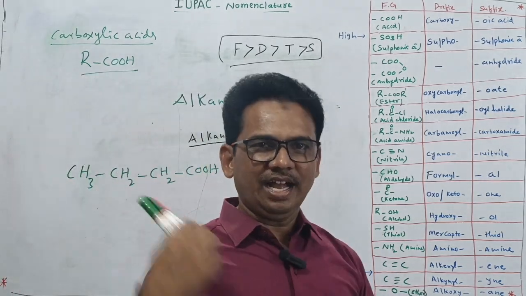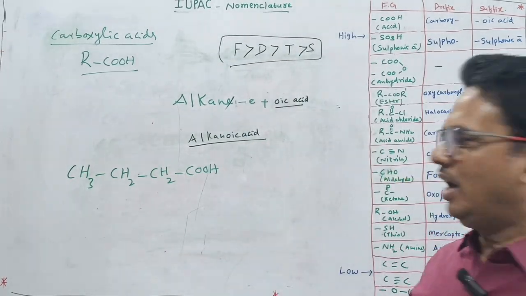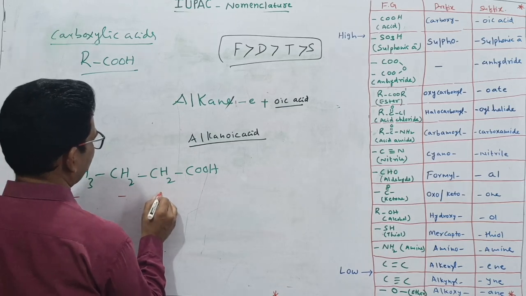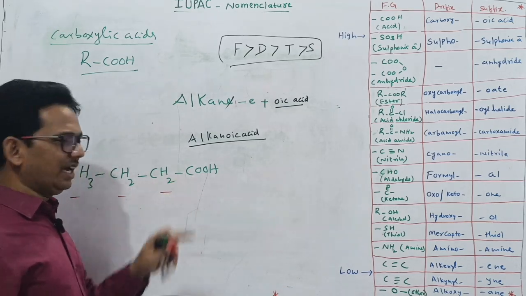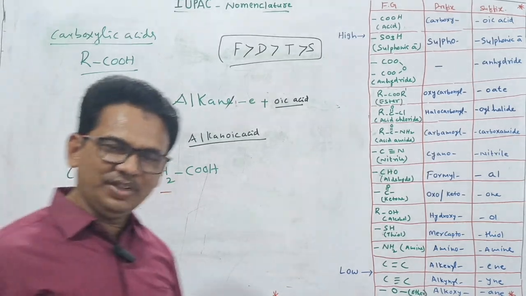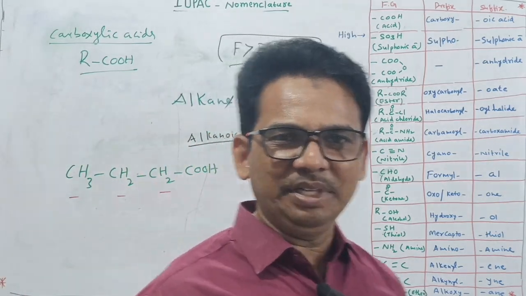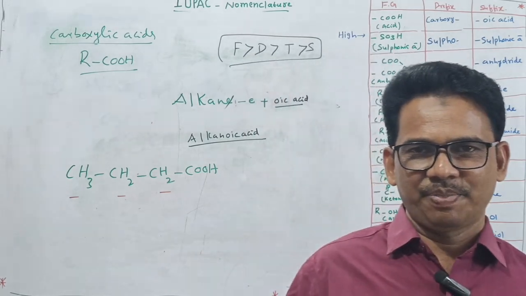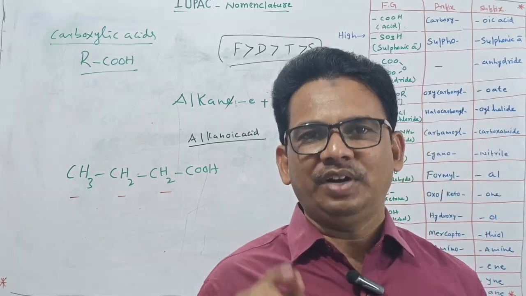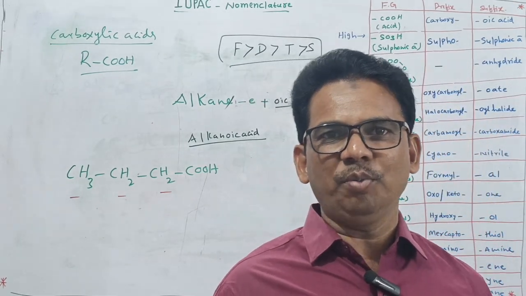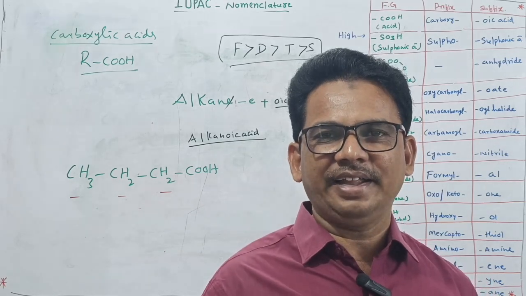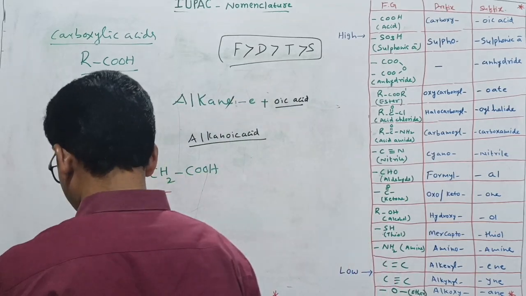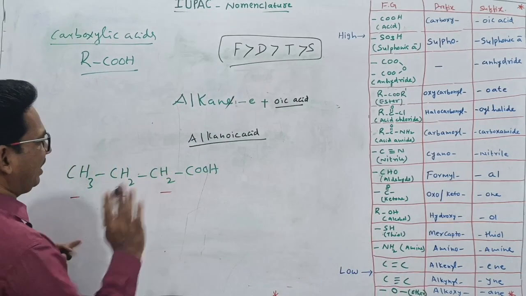In this case, how many carbons are there? Usually students count only these carbons, 1, 2, 3. They don't count this carbon. Whenever the functional group has a carbon, you have to count that carbon. Remember this point. Then how do we number this?